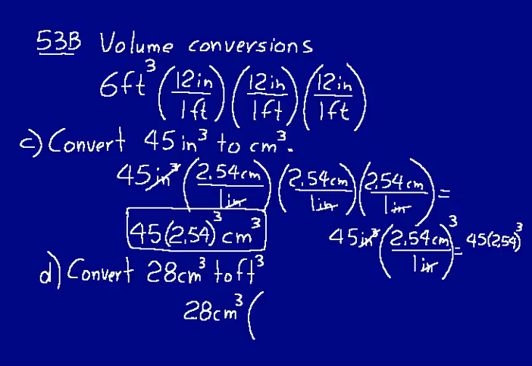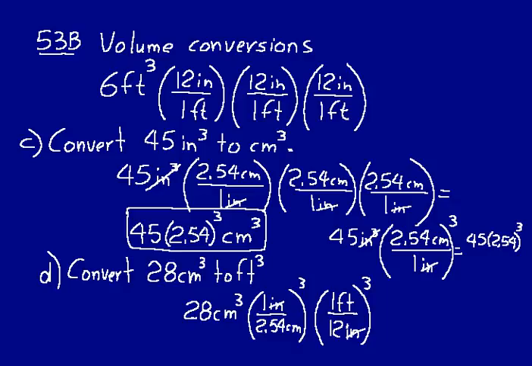So we'll say 1 inch over 2.54 centimeters, and then we'll cube that whole unit multiplier to represent that we're multiplying that 3 times. And then we'll do the same with the next one. We're converting to feet, so we say 1 foot over 12 inches. Cube that. Now let's make sure our units canceled.